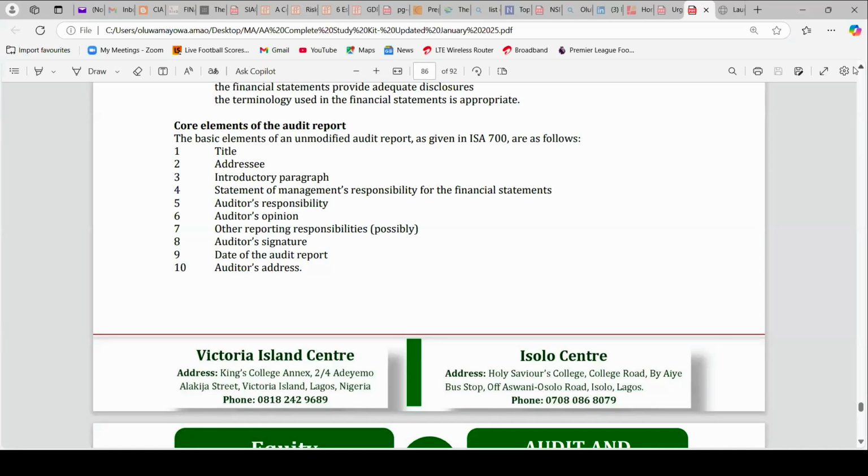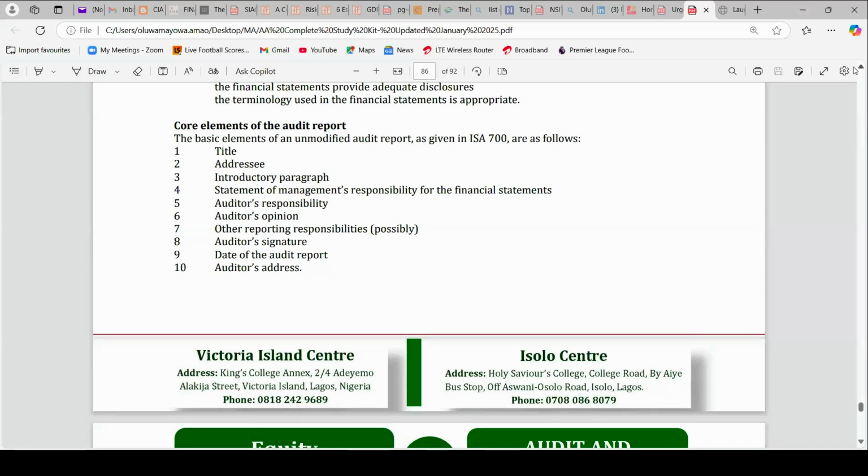That means it should state them. So the following are to be noted when it comes to key audit matters. Number one, the key audit matters should be defined by the auditors, not by the user. That means it's the auditor that will say that these areas are significant. It's not the client that will come and say, these are significant areas.